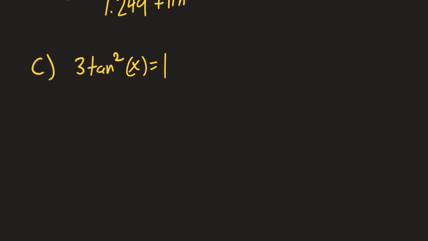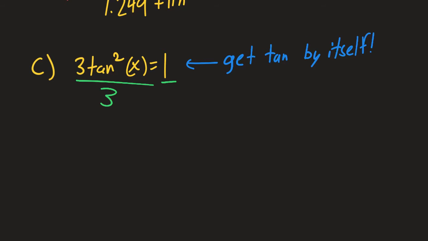No, I don't want to guess. So instead, let's work our way back and get tangent by itself. Okay, so what's going to be the first step? Let's start by dividing this 3 to the other side. And now I've got tangent squared of x equals 1/3.